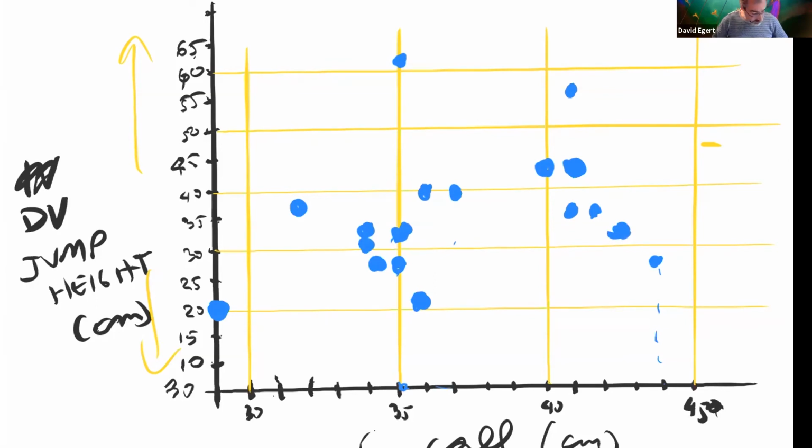I'm almost done. I'll skip to the end. 40, 24.